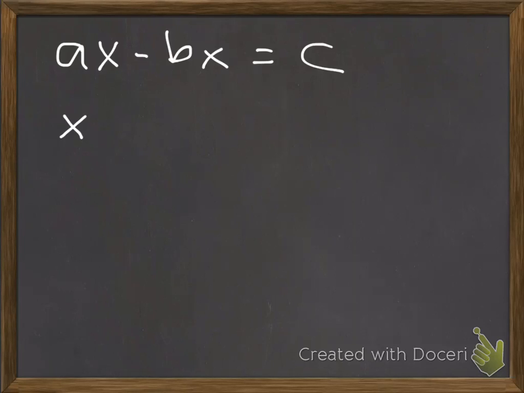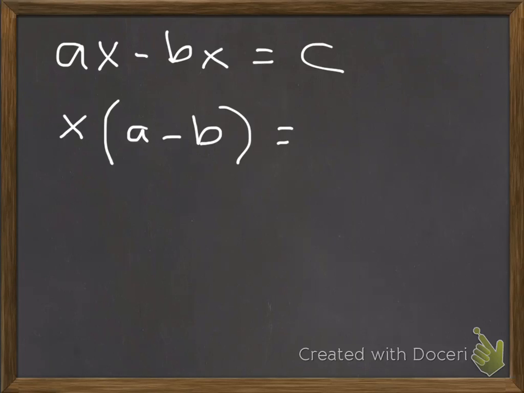Now, in this problem, you multiply a by x and you multiply b by x, correct? So if you stick an x outside of a parentheses, when you're using the distributive property, aren't you going to give that x back? Okay, so if we pull our x out, then we are left with a minus b.